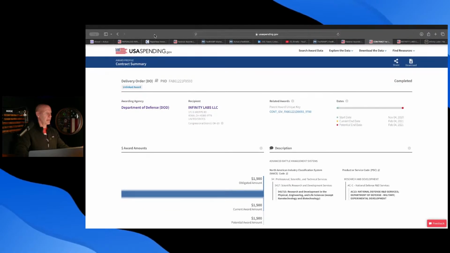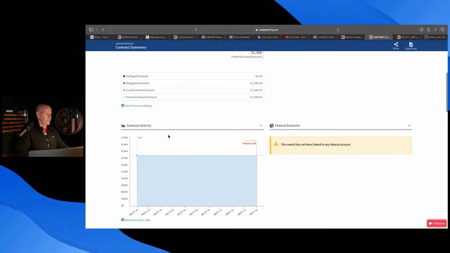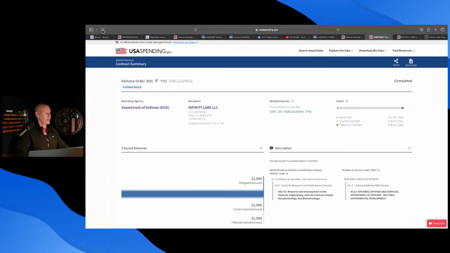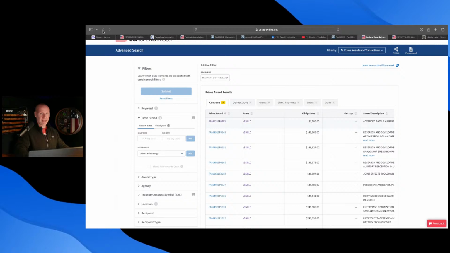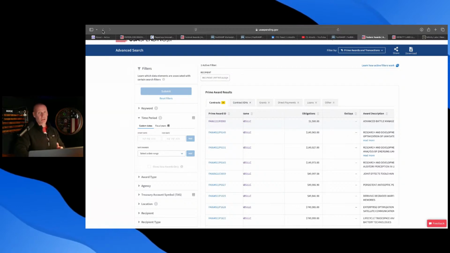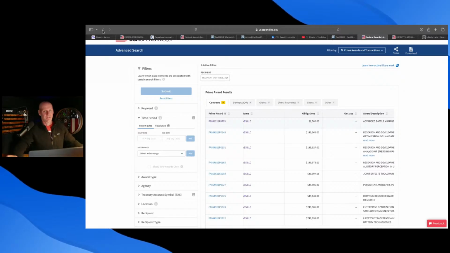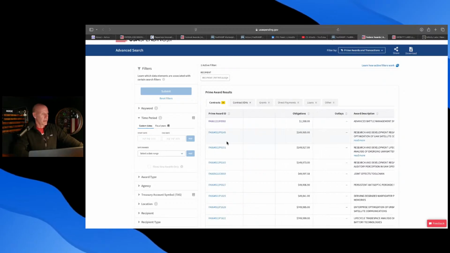I have no idea if they had received any delivery orders on it or not. Certainly isn't being reflected there, but a lot of companies get frustrated when they win a contract like that because they think it means, hey, we're home free. It doesn't necessarily, right? So it gives the government a way to buy from you in a very specific situation. But if they're not ready to, if the funding's not there, or if your solution isn't ready, then you could be disappointed.